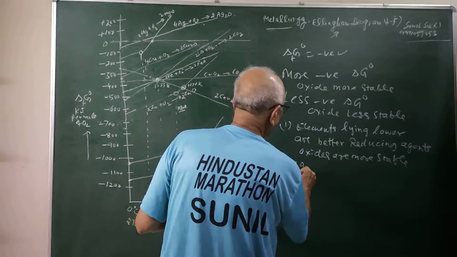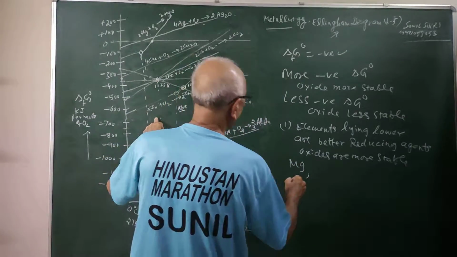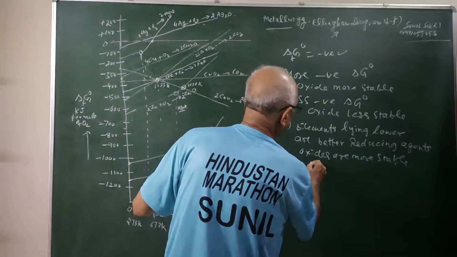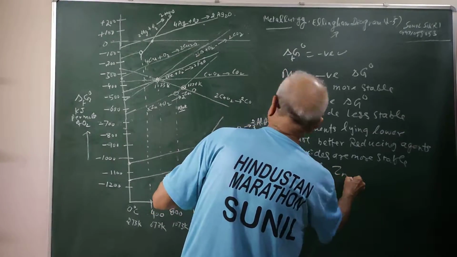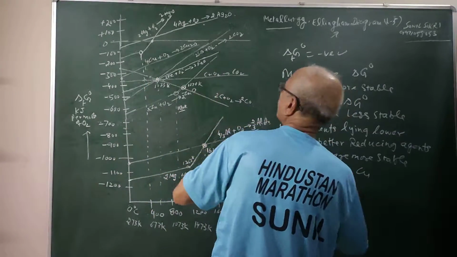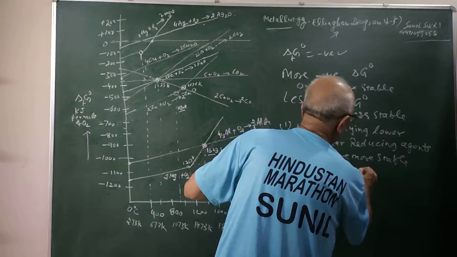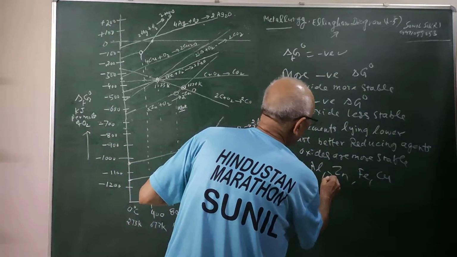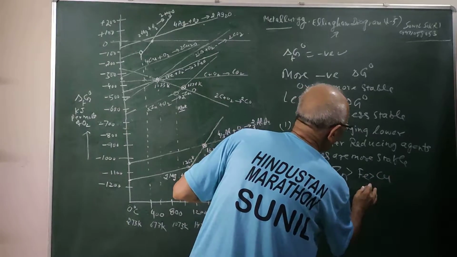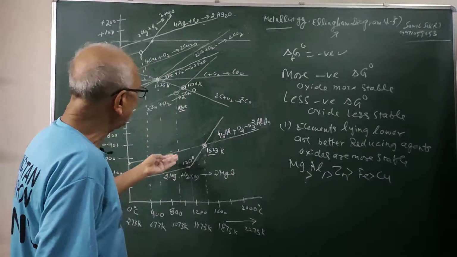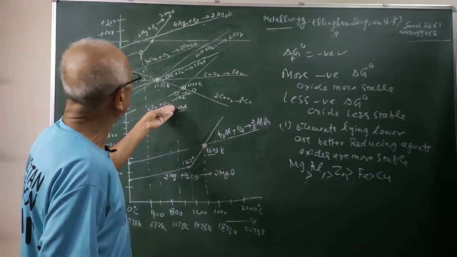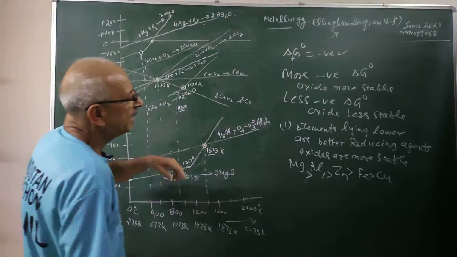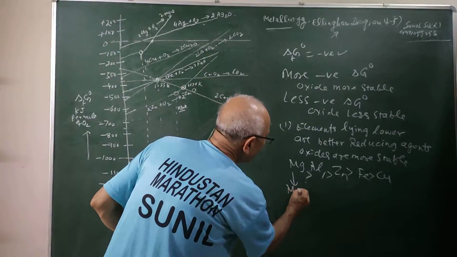So for example, magnesium is more active. Similarly, as you can see here, magnesium, aluminium, zinc, iron, copper. According to this series, the order looks like this. Magnesium is more active than aluminium. Aluminium is more active than zinc because the oxide of magnesium is more stable.